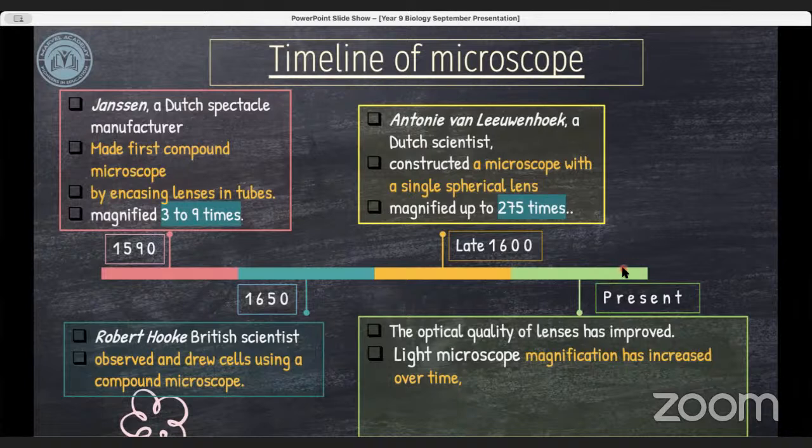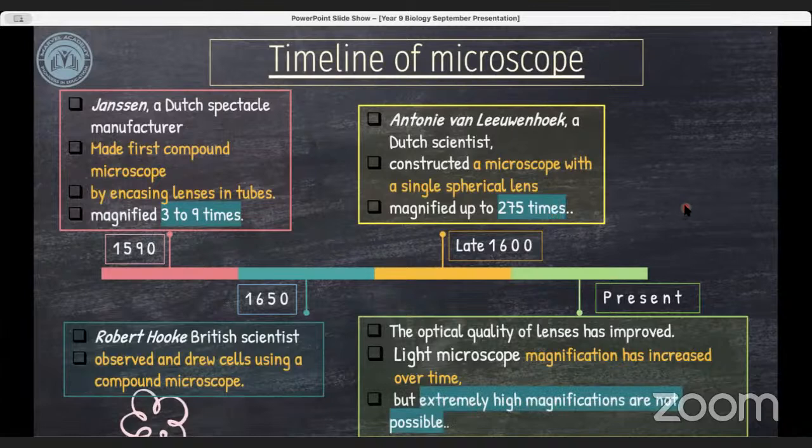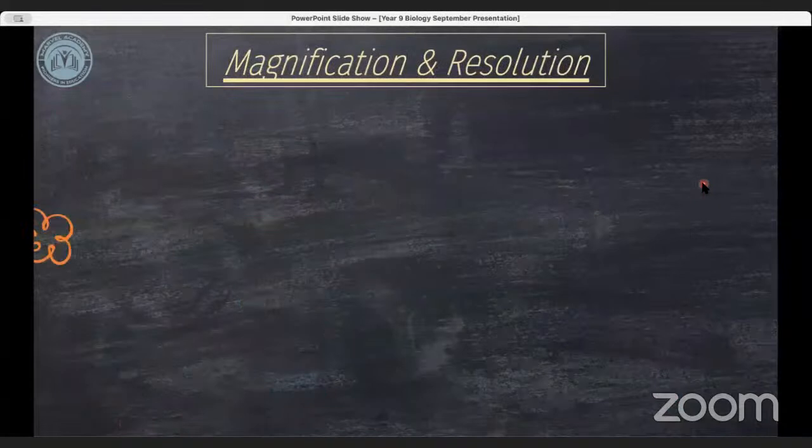If you're using it in an area where there is not enough light, maybe inside an air conditioned room, if you need a good source of light, you can use that. The optical quality of the lenses has improved nowadays, and light microscope magnification has also increased over time. Remember, 1500 is the maximum magnification in a light microscope, but extreme magnifications are not possible. So that is a small timeline about that.